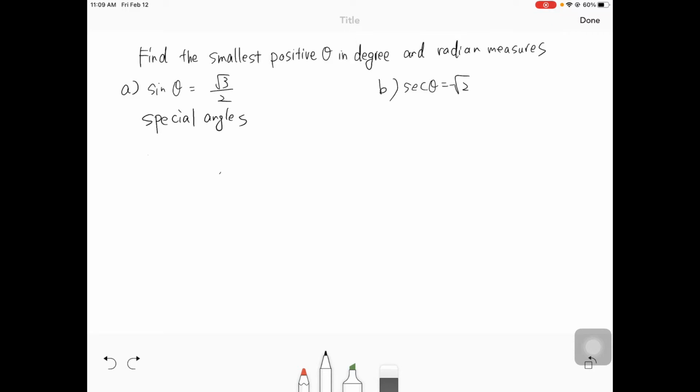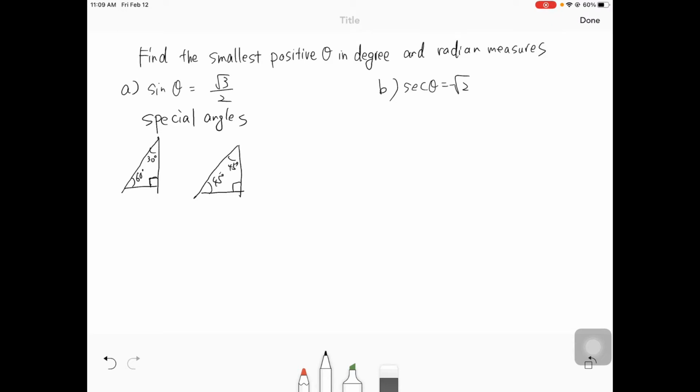You need to remember two special angles, which is the right triangle with 60 degrees and 30 degrees, and also the right triangle with 45 degrees and 45 degrees.